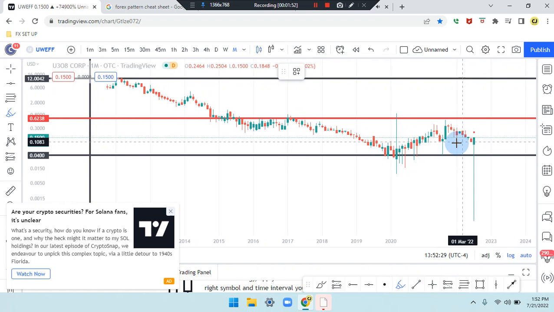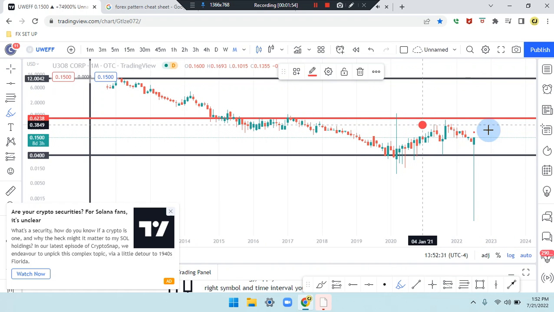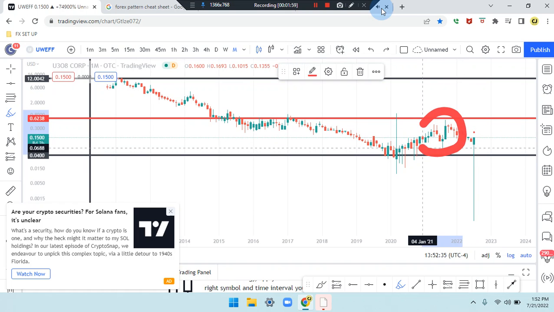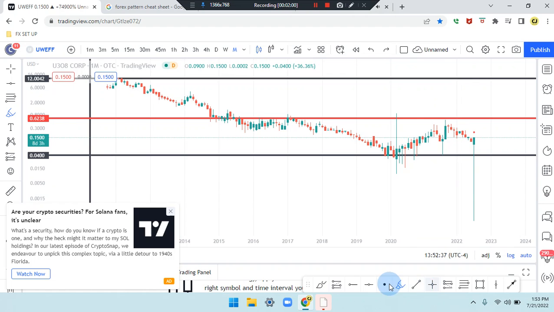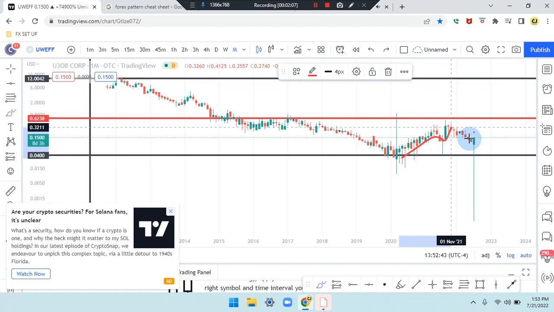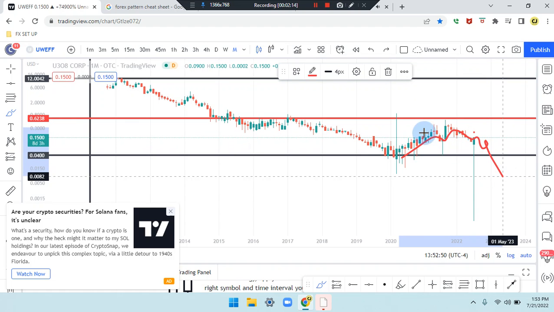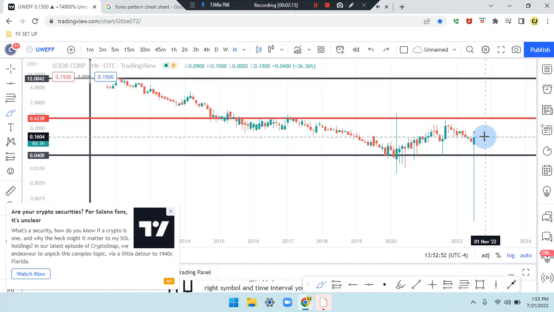So let's identify what we see in that area. Market can be coming from a pattern sitting right at the top here, and that can be a double top followed up with a retest. We can see the market forming that first leg, second leg, third leg, fourth leg. Price action can retest and follow up with a bearish red candle that pushes the market down from a double top and a retest.